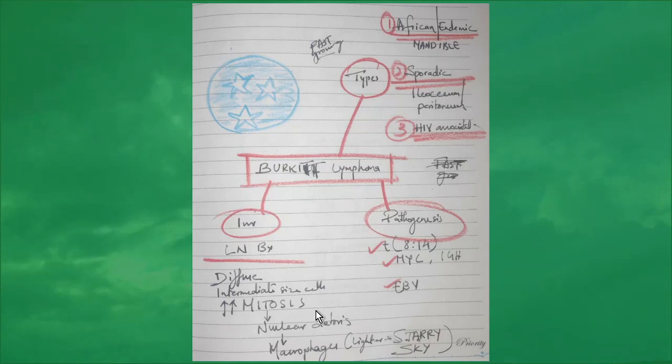It's a fast growing tumor, and nuclear debris are produced because of mitosis, and this debris is eaten up by macrophages, which are lighter stained cells in the lymph node. And because of these macrophages, it gives a starry sky appearance. If you consider this background as sky, the macrophages will give a starry sky appearance.